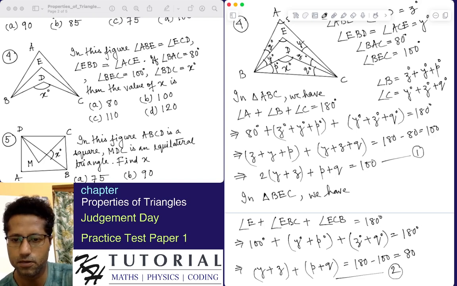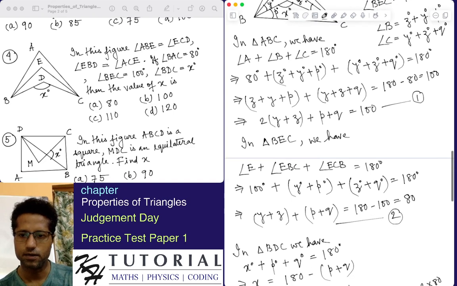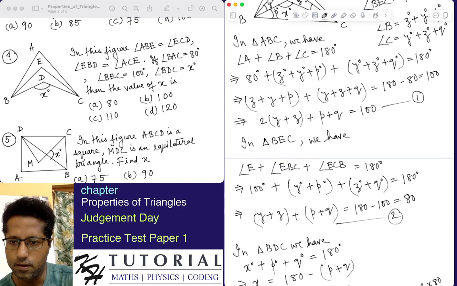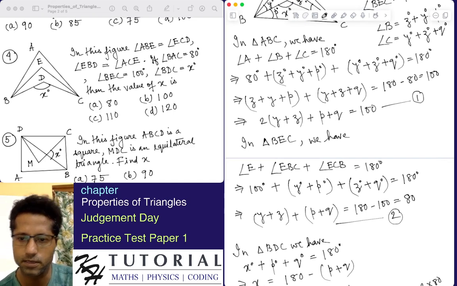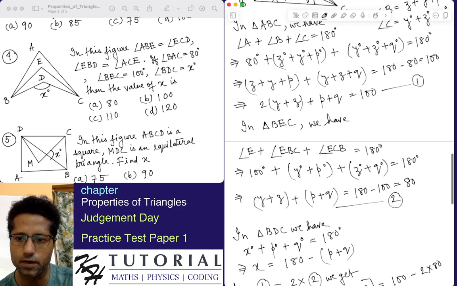So 100 degree plus angle EBC is Y plus P, and angle ECB is Z plus Q, equals 180 degree. This means Y plus Z plus P plus Q equals 180 minus 100, that is 80. Okay, this is fine. Equation 1 and 2 are fine.